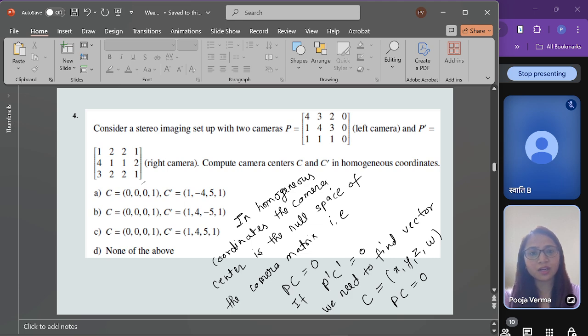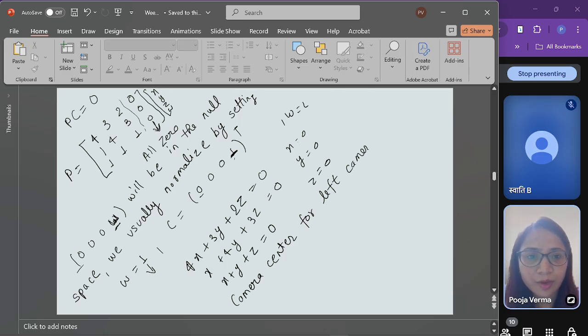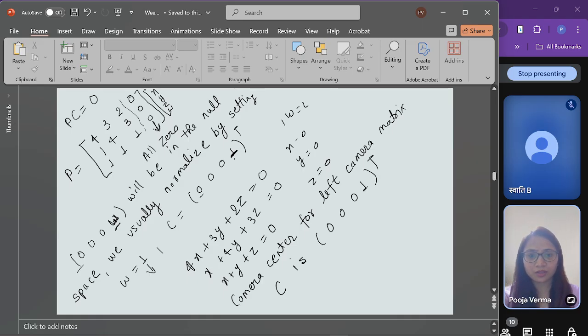So for the next, the camera center for the left camera matrix, C is we will get 0, 0, 0, 1 transpose. Okay, this is for the left camera. Now we need to solve for the right camera itself.